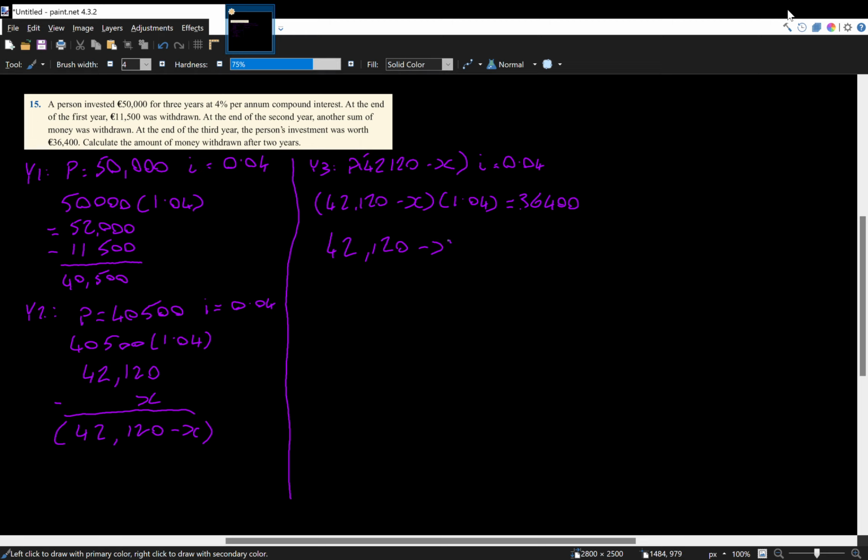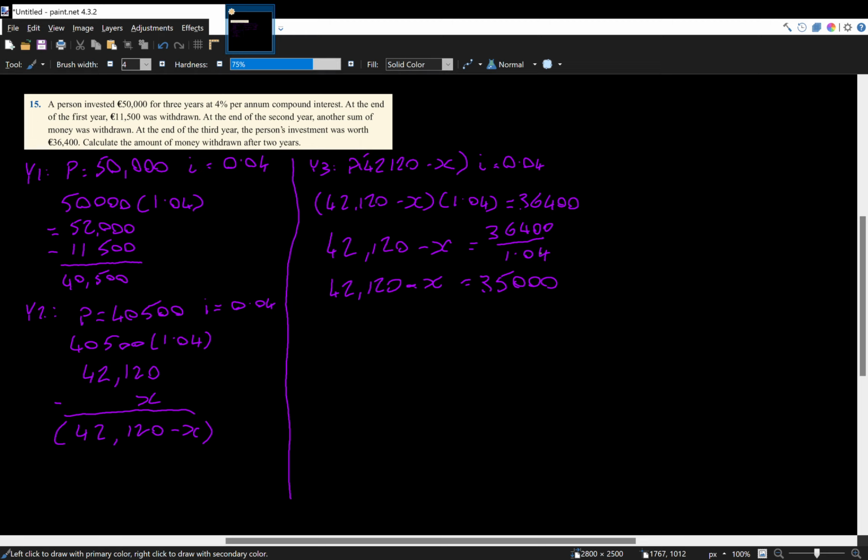42,120 minus X is equal to 36,400 divided by 1.04, which means we get 42,120 minus X is equal to 35,000.